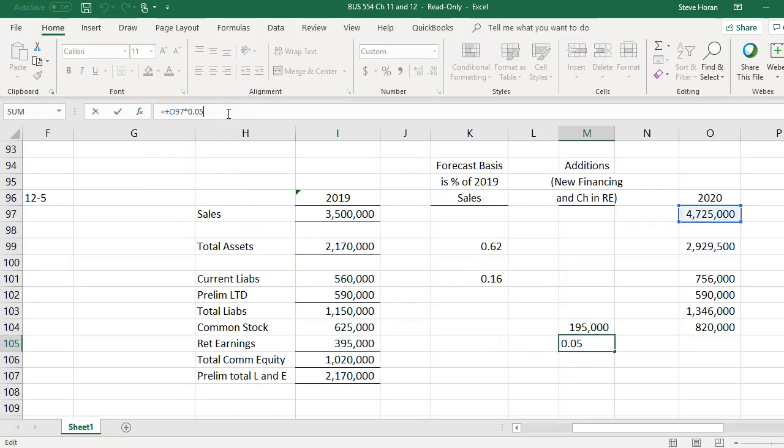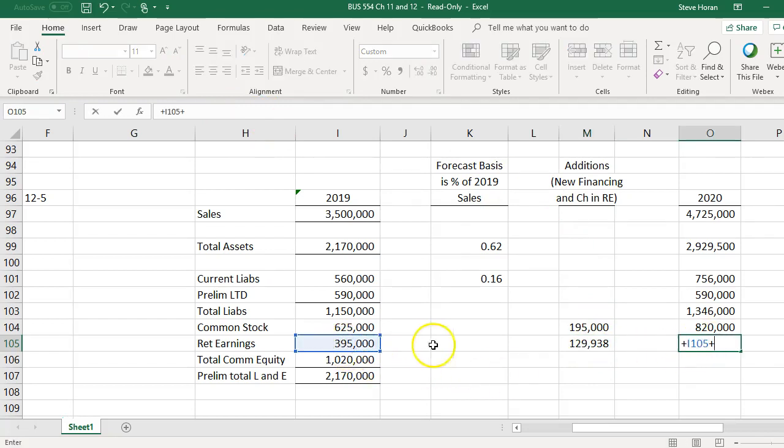Then I have to multiply that by 1 minus the payout ratio, 1 minus 0.45, and that gets me to 129,938. So basically, it's the new revenue, 4,725,000, times the profit margin times 1 minus payout. That's my net increase to retained earnings right here.